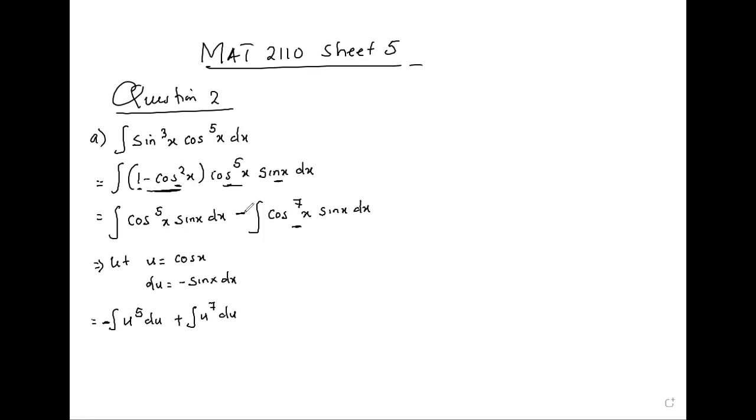So we integrate to have u^6 over 6 plus u^8 over 8 plus c, which is negative cos 6x over 6 plus cos 8x over 8 plus c.